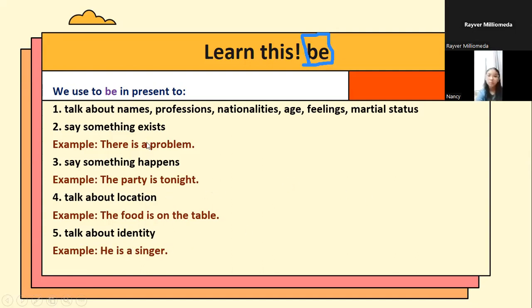So these are the examples in using to be in the present. And also, number 6, talk about a quality. Example, she is beautiful. Am I clear? Yes.